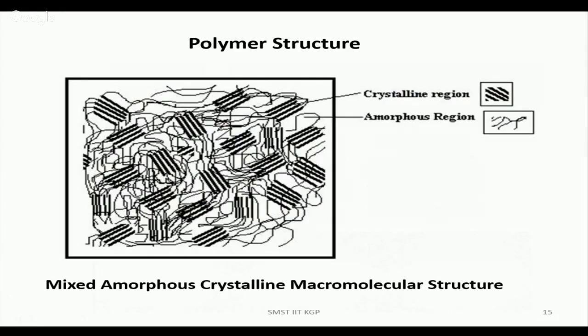And if you attain a degree of crystallinity of less than 50%, we call them amorphous polymers.